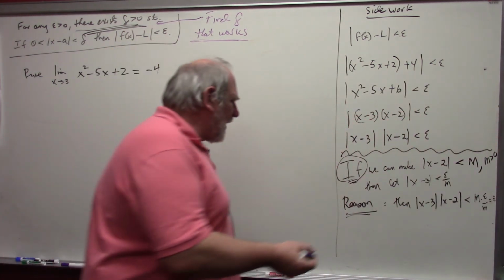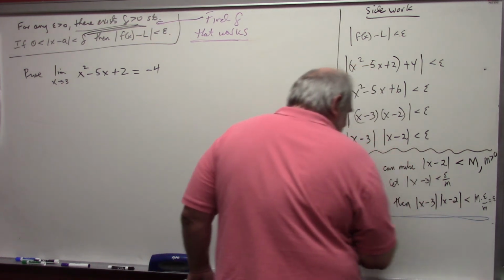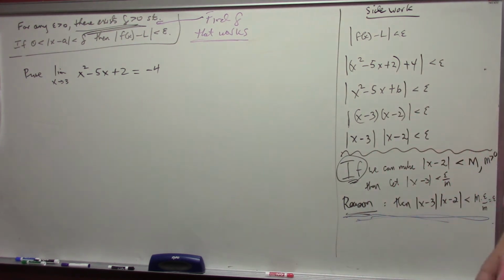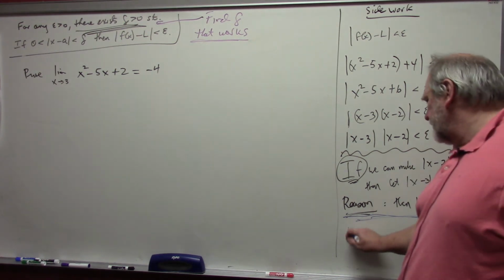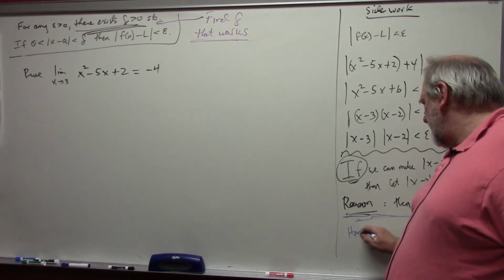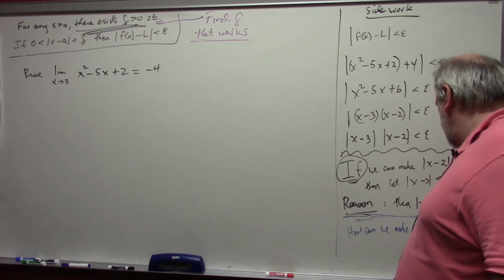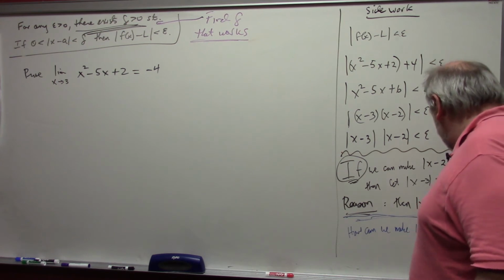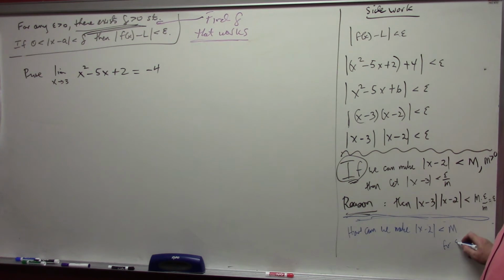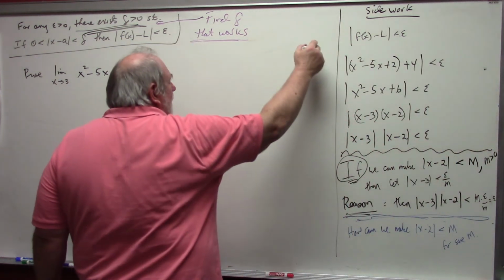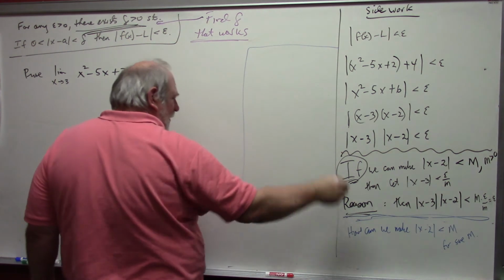So I have this piece. The question then is, how can we make the absolute value of x minus 2 less than some value m, for some m? I need some more room, so more side work. We'll go side work on the side work.